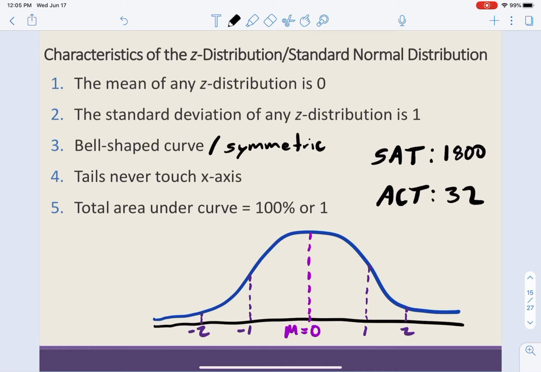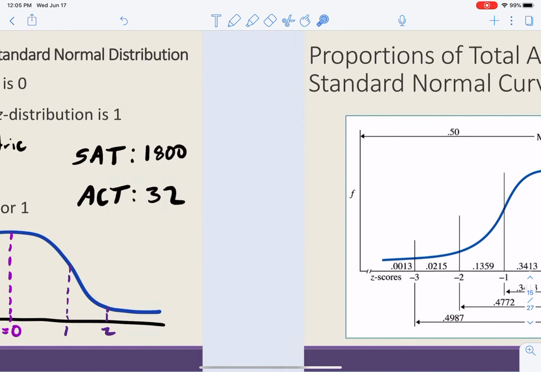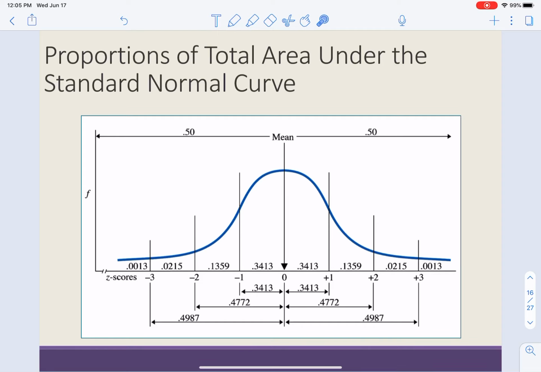But anyway, I'm not really able to say absolutely how well I did because these scores look way different, right? A 32 is less than 1,800, but they both represent something different. So I'm trying to figure out the best way to compare these. The general idea is, what percentile do I fall in on both of these tests? And that will tell me how well I did comparatively, or relatively.